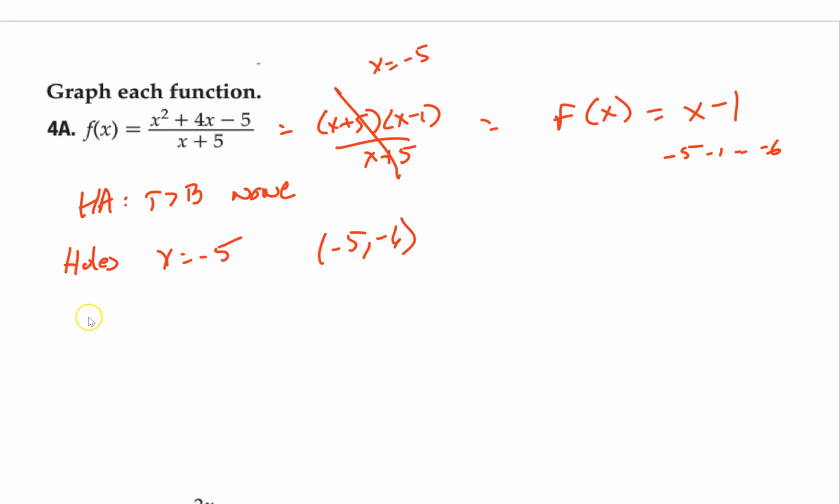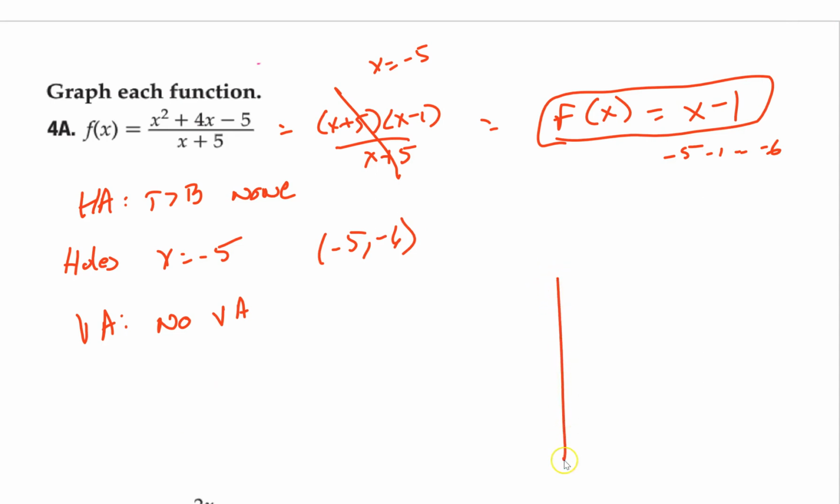So we have that. Vertical asymptote. Now look what's left over. Remember, our graph is this now because everything else canceled out. There's no denominator, so there's no vertical asymptote. I'm going to skip the x and y intercept because look at this. I don't need to. I know how to graph that. Y-intercept is -1, so start there. Slope of 1 over 1.